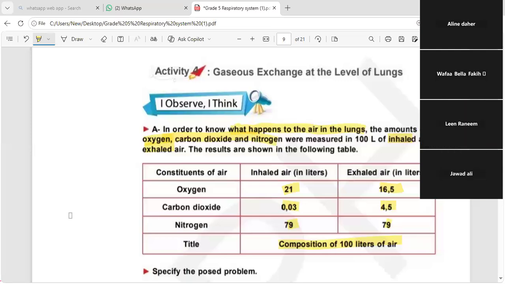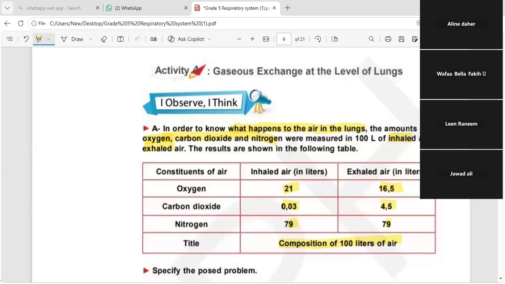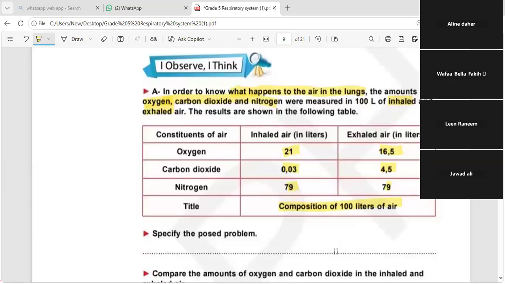It stays the same. It remains constant. It enters 79 and leaves 79. The body can't filter it outside, so it enters with the air, but it leaves as it is.